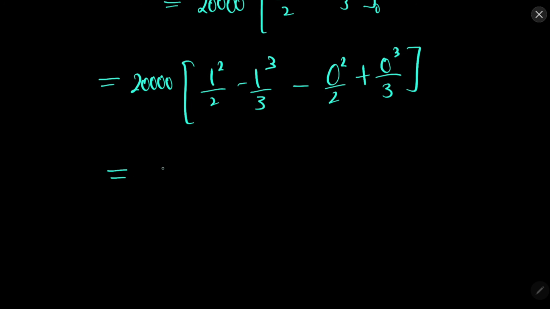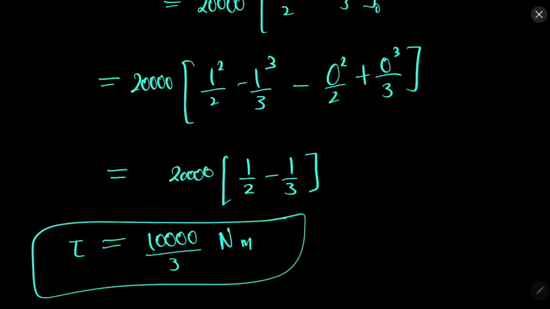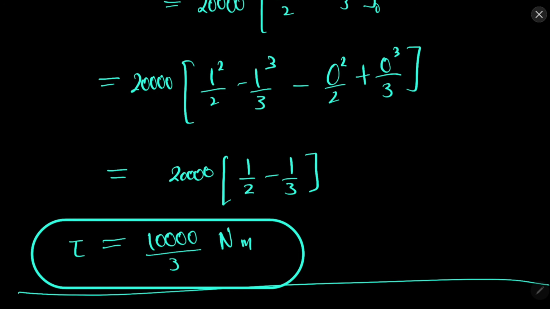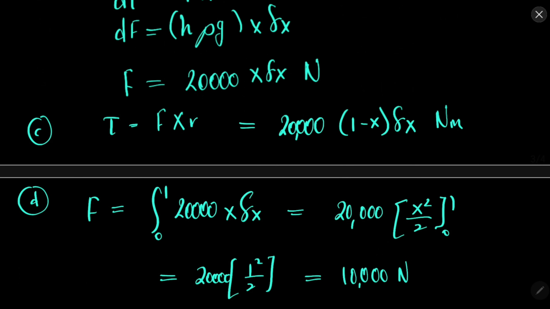So it will give you 20,000 into 1 by 2 minus 1 by 3. After simplification, you will find 10,000 by 3 Newton meter. Oh, here one mistake is there. I forgot to write x also, x delta x, and 1 minus x is the perpendicular distance.